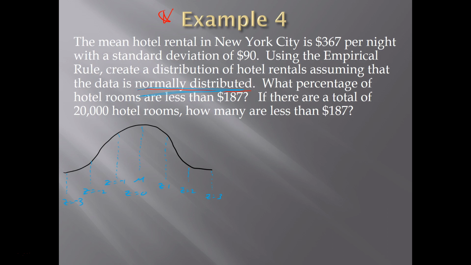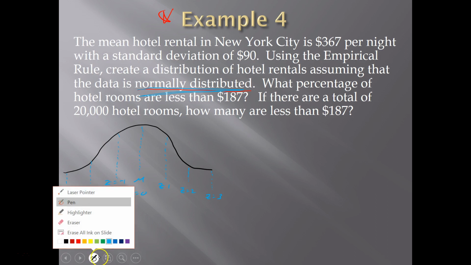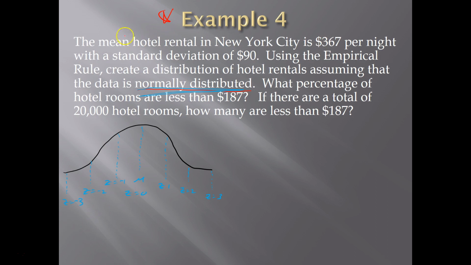So it does say that the mean hotel rental in New York City is $367 a night. Well, if the mean is 367 a night, let's put that right there. That's the mean. That's the average. Now, it has a standard deviation of 90.